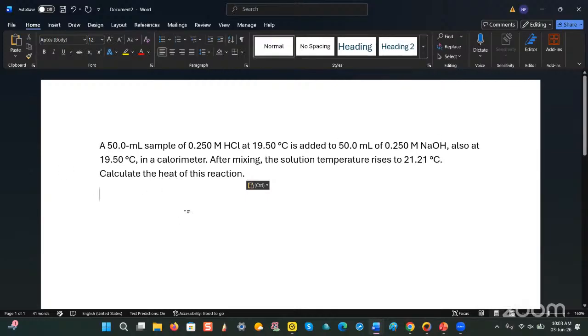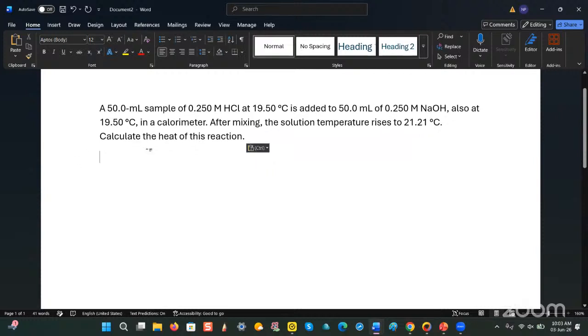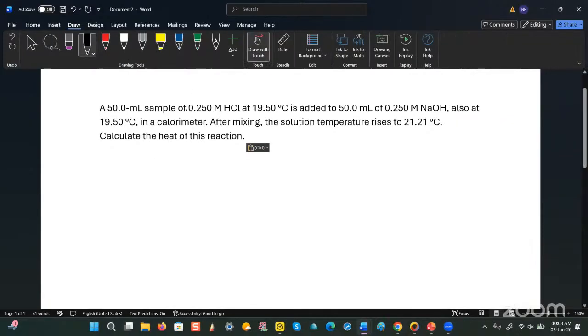Okay, so basically what we have to do first is determine the amount in moles of each of the substances, the acid and the base, right? So they gave you the volume, which is the same for both the acid and the base, and they gave you the molarity, which is the same for both the acid and the base, right? So basically we can say that the number of moles of the acid that we're going to calculate will be equal to the number of moles of the base, which is the sodium hydroxide.